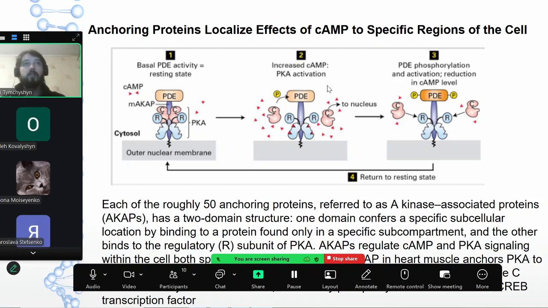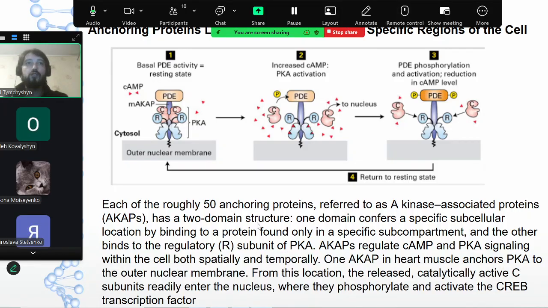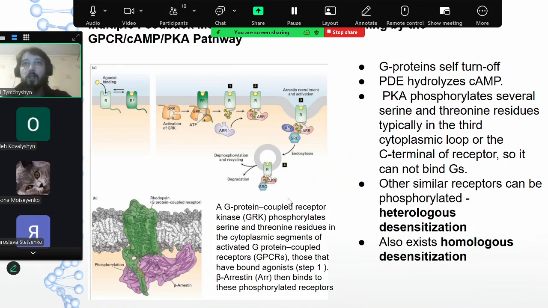You have a specific region of the cell where some exact proteins are localized that should respond in a certain way to that cAMP, and you basically distinguish what this cAMP means, so what we want the cell to do in response to appropriate receptors, by spatially localizing different proteins that should respond to that second messenger.